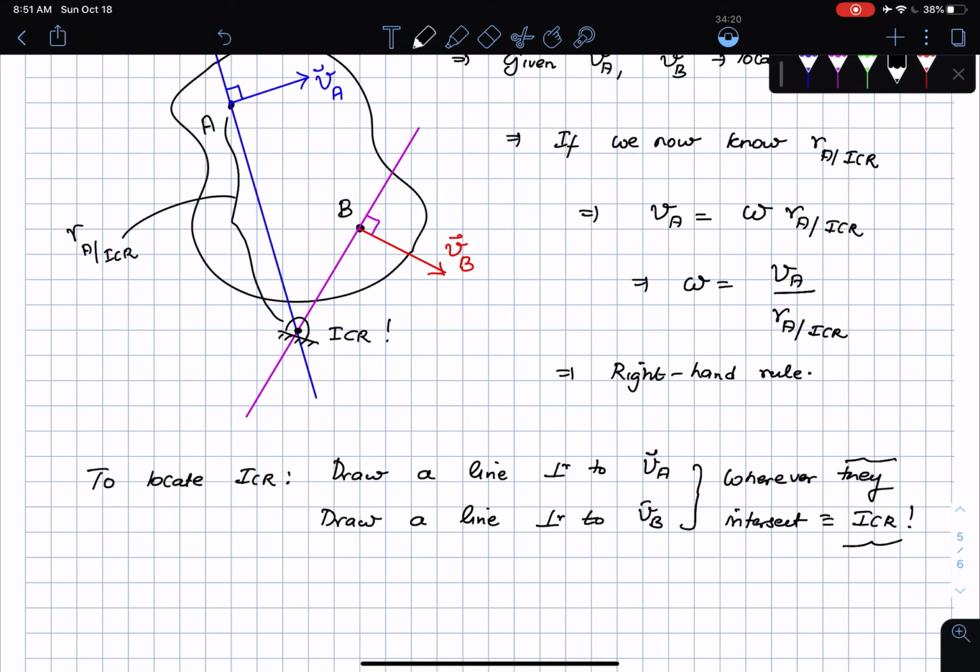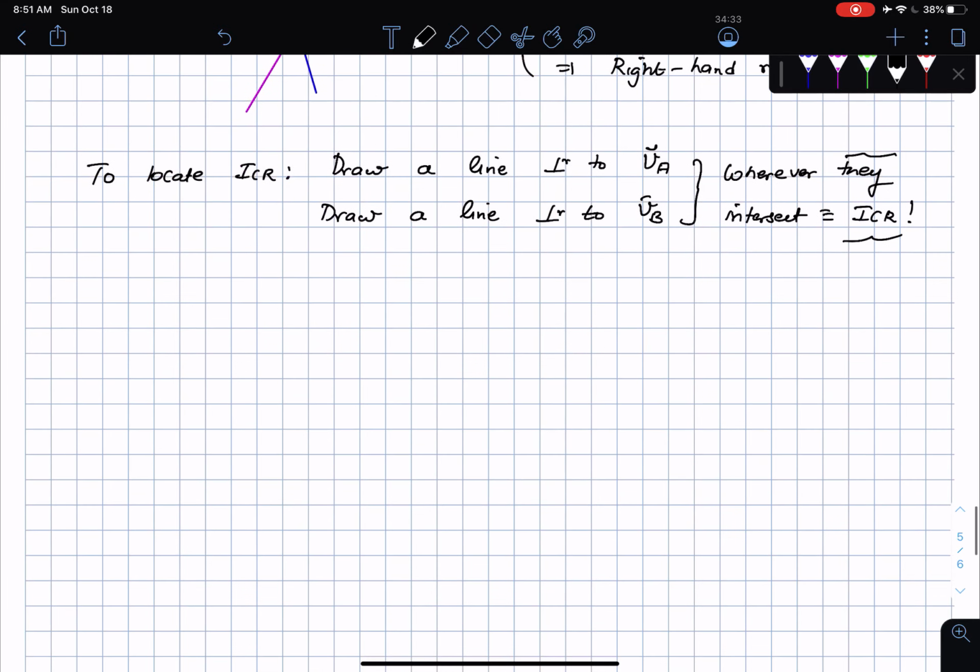So simple and so elegant, right? Now if I know the ICR, then I can find the angular velocity of the body by using all of these things. So this is exactly the use of finding the ICR. Let's look at the next case. So I'm going to look at case 2.